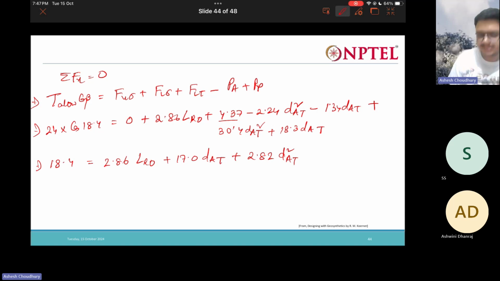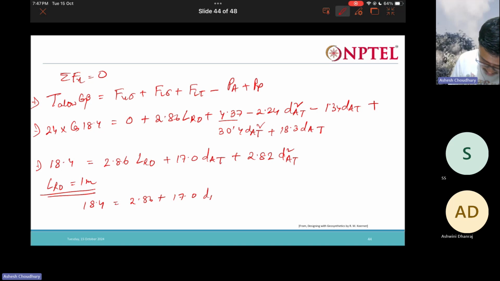Now you get this expression, right? For various values of LR naught you will get various values of d_AT, so you can adjust it. For LR naught equal to 1 meter, as given in the question, you will get this expression.